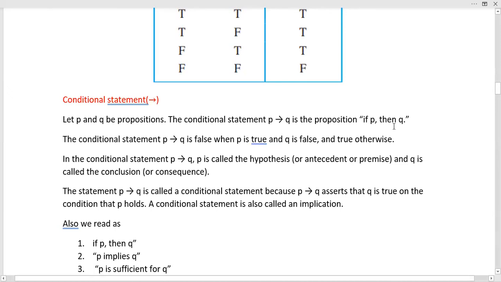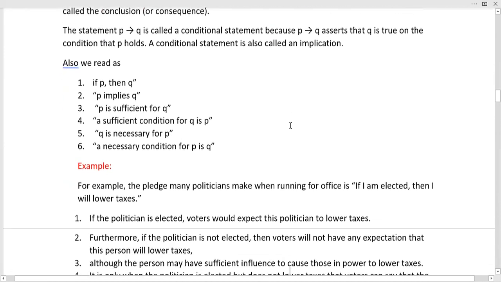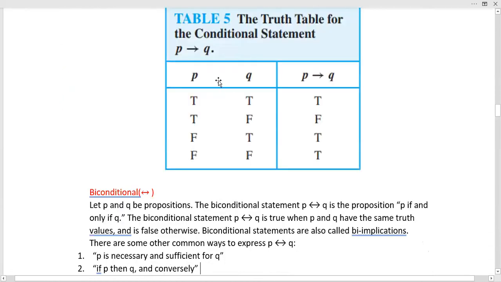But mathematically, what is the meaning of this one? P conditional Q means, mathematically, we apply a total of four cases. See here, this is the truth table. If both are true, then P conditional Q is true.